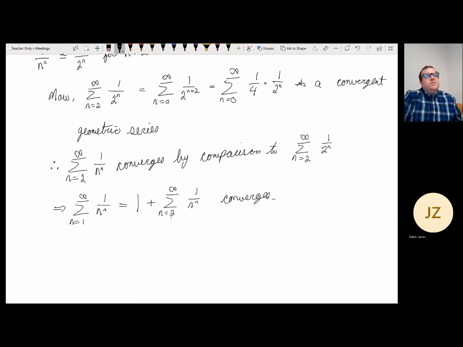So you're done. Ultimately, if you take out a finite number of terms from the start of any series, it does not affect convergence or divergence.